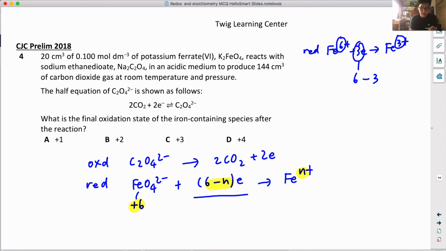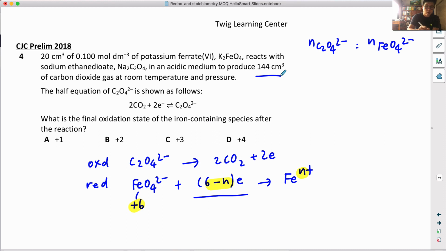The next thing we need to do is to find out the number of moles, the mole ratio. The mole ratio of C2O4 2- to the number of moles of FeO4 2-. But the question gave only the volume of carbon dioxide. If we know the number of moles of carbon dioxide, we will know the number of moles of C2O4 2-. The number of moles of CO2 produced equals the volume divided by 24,000.